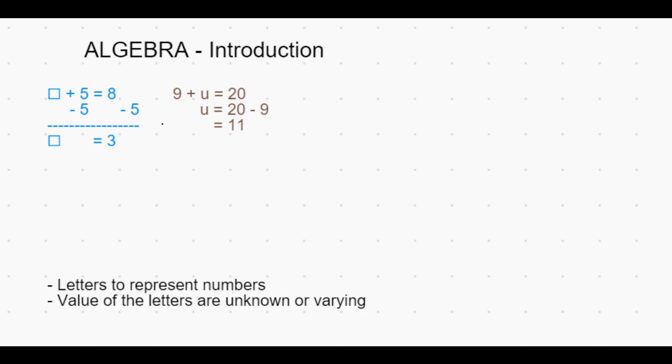Second thing, the value of the letters are unknown or varying. So at P6 level, let's look at the value of the letters that are unknown. In these two examples that we have seen, the first case is a box, which value is 3 we did not know earlier and we found it out. And the second example, the value of u is 11. So this is called solving for the variables.